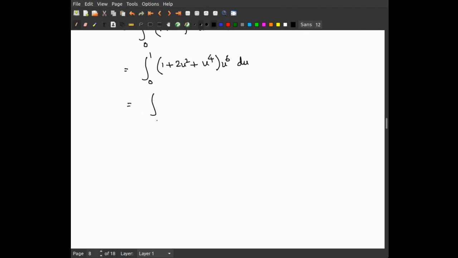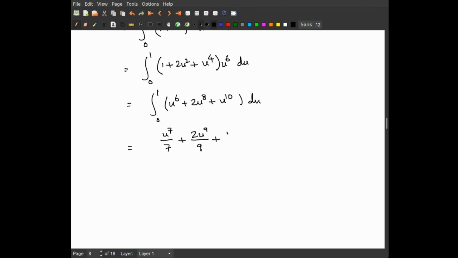Okay, so what do you have? 0 to 1. Let's multiply that or distribute out. So that would be u^6, 2u to the power 8, and u to the power 10. Okay, so if you find the integration, that would be u^7 over 7. That would be 2u^9 over 9.